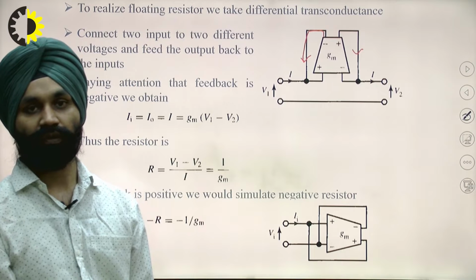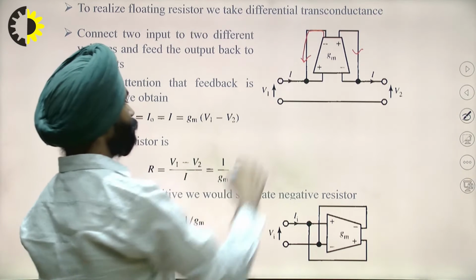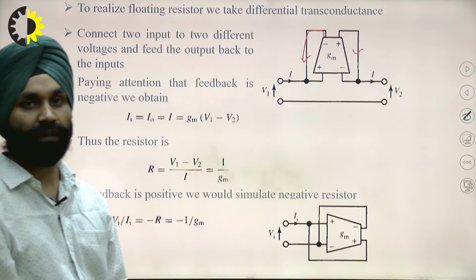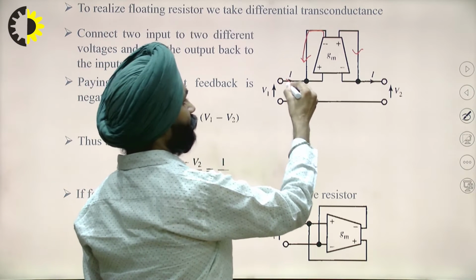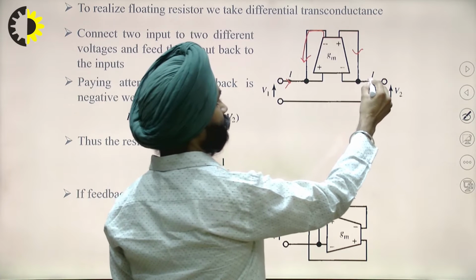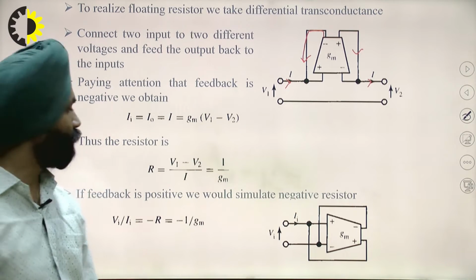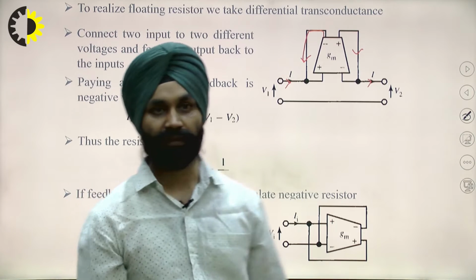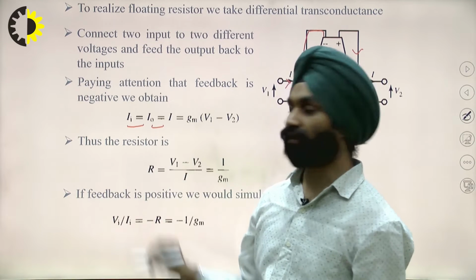Now if we pay attention to these feedback loops, you can see that this I current will be equal to the output current. So I can say that I is equal to I0.